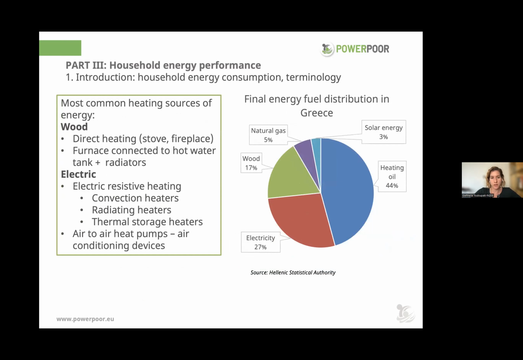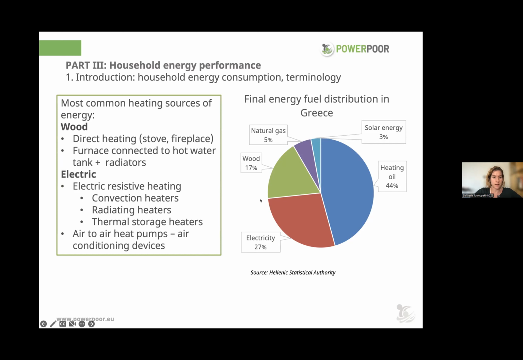The most common heating source of energy is wood, used in combination with a stove or fireplace that can be open, or it can be connected to a hot water tank and distributed in the household using radiators.